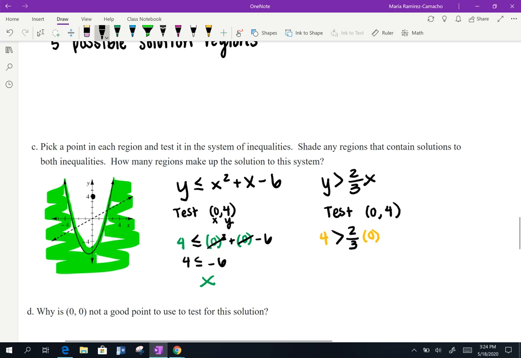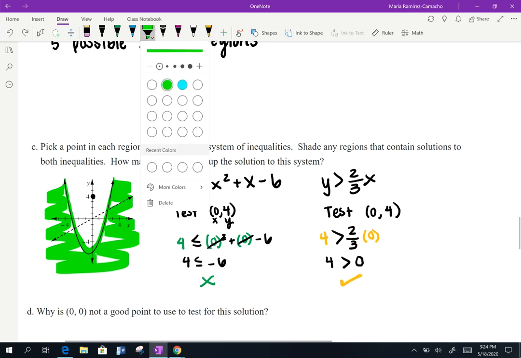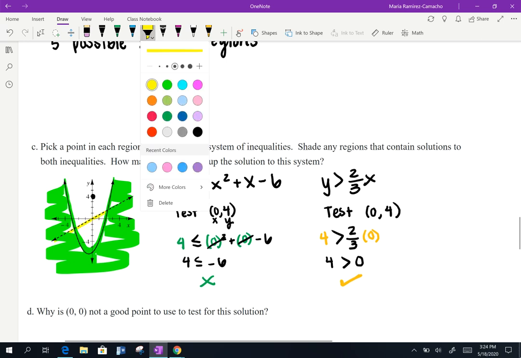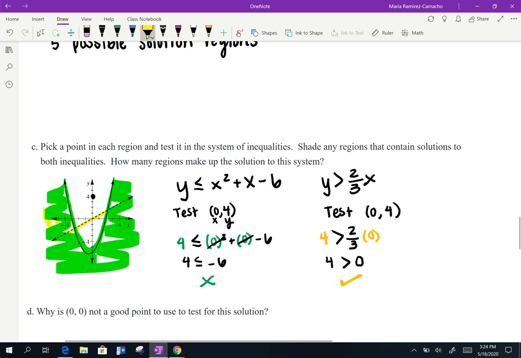Is 4 greater than 0? It is. So for this dashed line, I am going to shade above it. Like this.